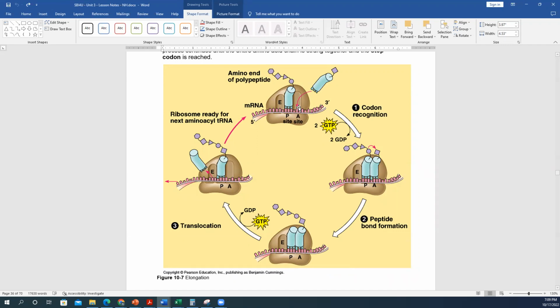And the enzyme peptidyltransferase catalyzes the formation of a peptide bond between these two amino acids, for example.